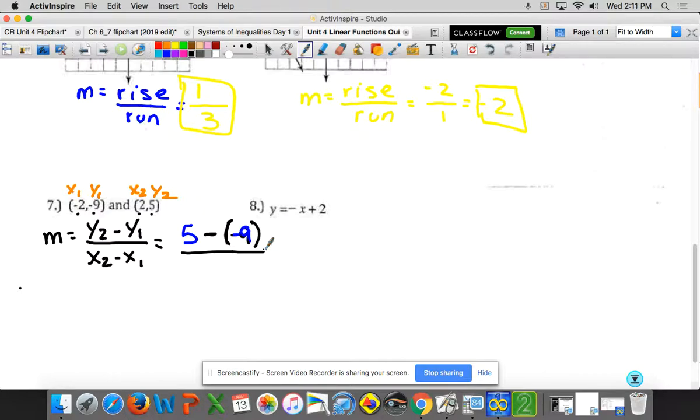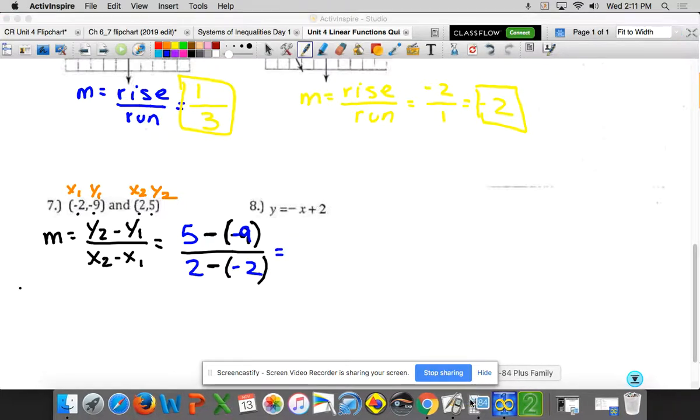So our x2 is labeled here. It is 2 minus -2. So anytime we plug in a negative, we plug it in using parentheses. So then after we get to this point, the awesome thing about it is we can plug it straight into our calculator.